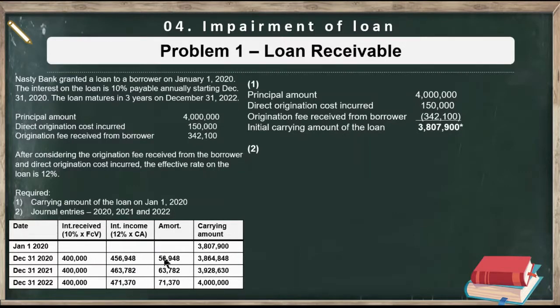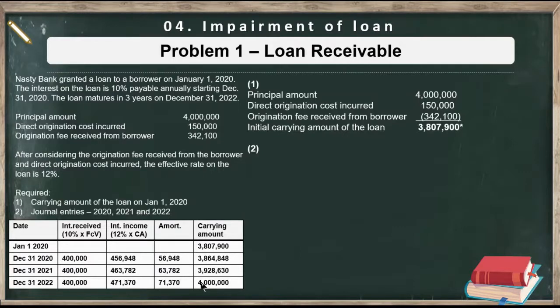Get the difference, that's 56,948. And we're going to add that to 3,807,900. So that's 3,864,848. We add it because the goal for amortizing is to reach the correct face amount at the end of the term.